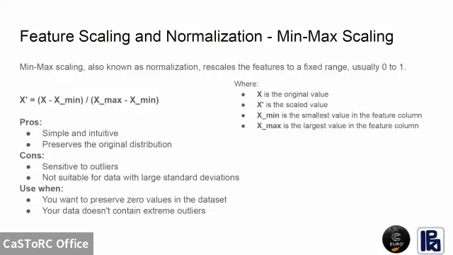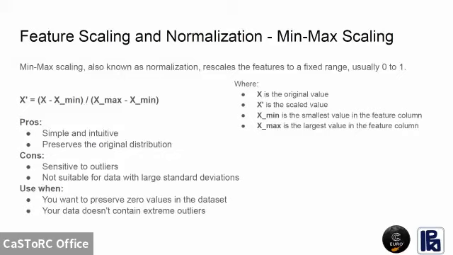If you have only positive numbers, you can just divide by the maximum value, and you have something between 0 and 1, though it would be between 0 and 1 without including 0. But min-max scaling is a more inclusive method if you want to guarantee that it's going to be between 0 and 1, especially if you have negative numbers.